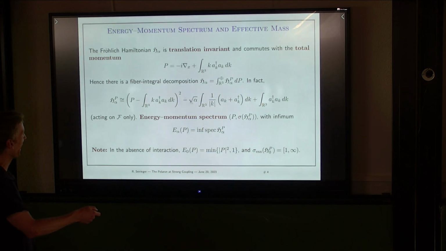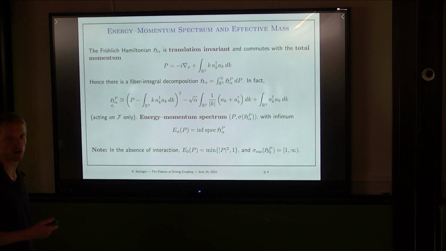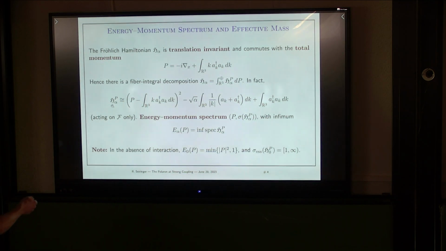And then there's no more x in the picture, so by a unitary you can remove the e to the ikx, that was the coupling factor here. This way you get a Hamiltonian that acts only on the Fock space. So strictly speaking, there's a unitary which turns these fiber Hamiltonians into Hamiltonians just on the Fock space, and they are given by this three-parameter family here, H_P of Hamiltonians.